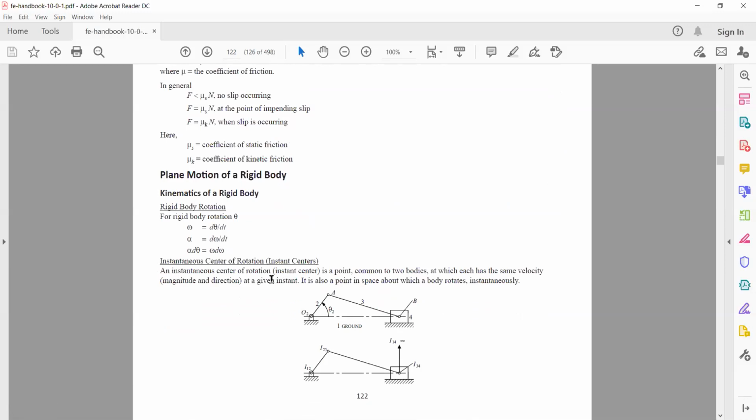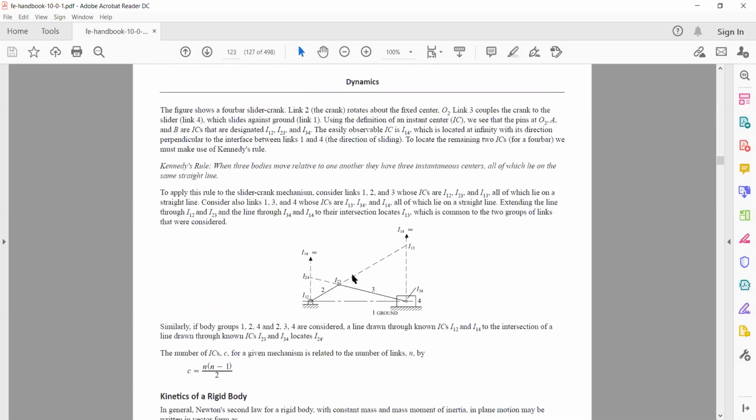Instantaneous centers is a really nice way to analyze rigid bodies because it allows you to figure out all of the details in terms of accelerations and velocities, angular and linear, by finding the center of rotation, which you can do by extending the bars of your system and finding where they intersect.